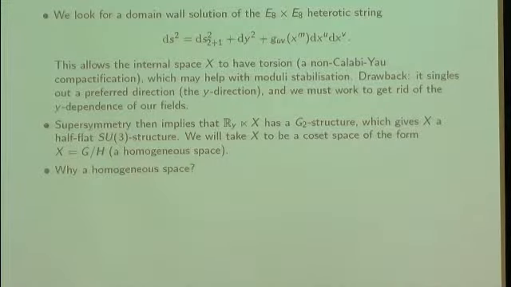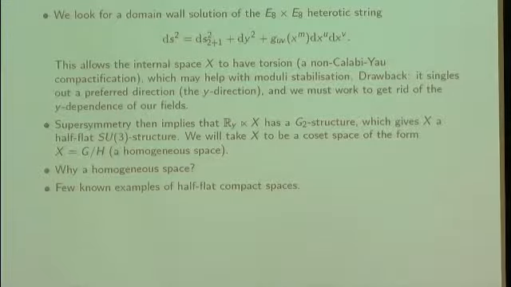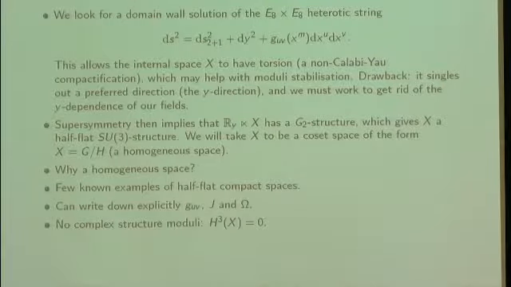So why homogeneous spaces? Well, first there are a few known examples of half-flat compact spaces, and secondly one can write down the various quantities explicitly, which is a nice feature. Also H3 of all the 4 different spaces that occur is in fact 0, so there are no complex structure moduli to worry about.